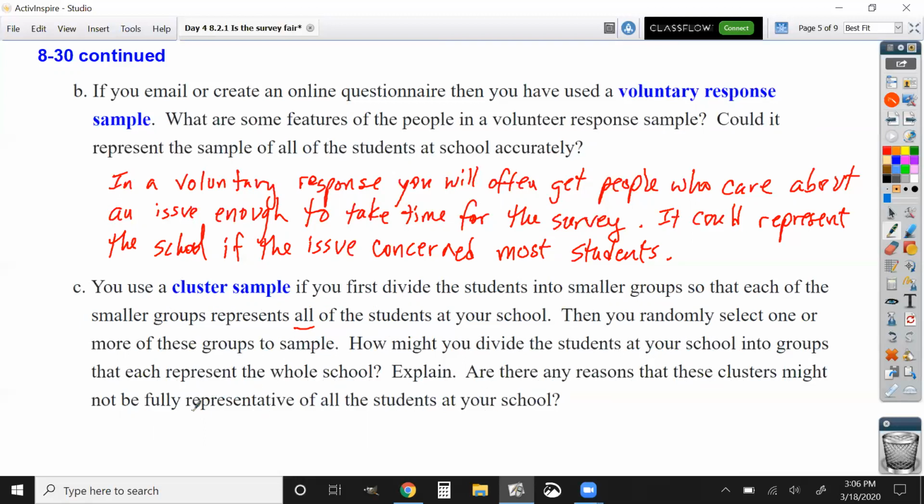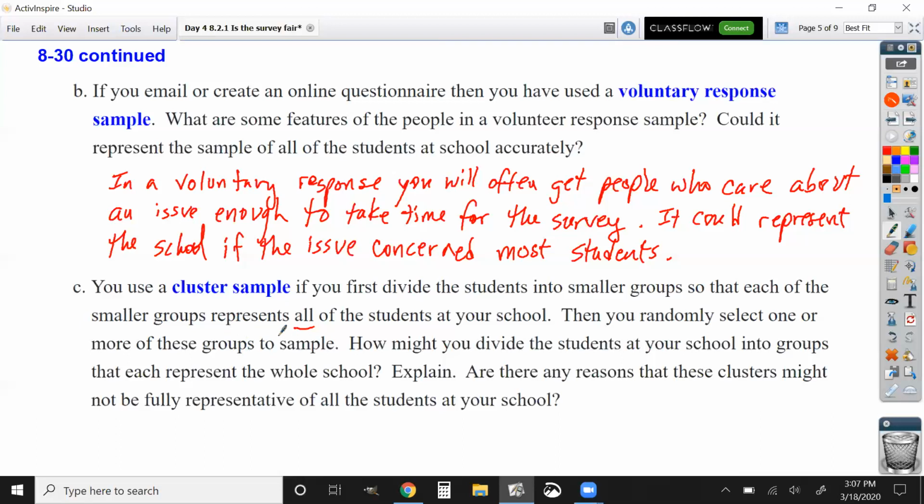I suppose we could create groups of kids, like maybe if we were to take one 7th grade class, one 8th grade class, one 6th grade class, and then sample those kids, that would at least give us a section of 6th graders, 7th graders, 8th graders.